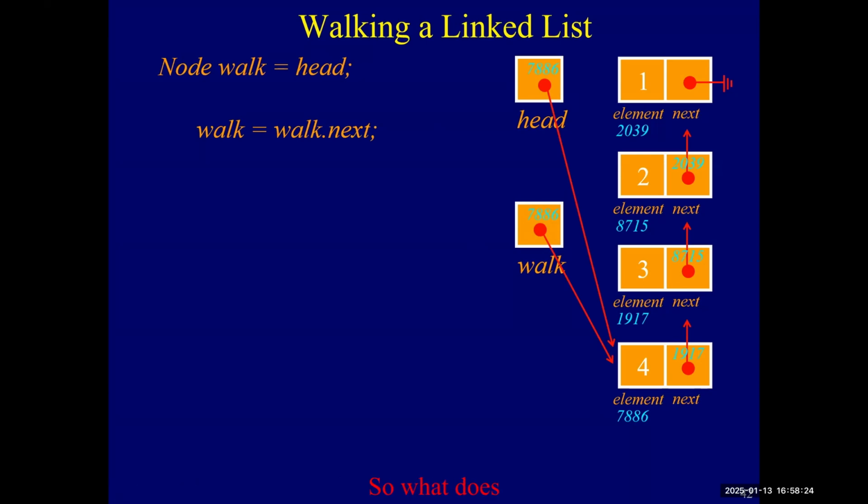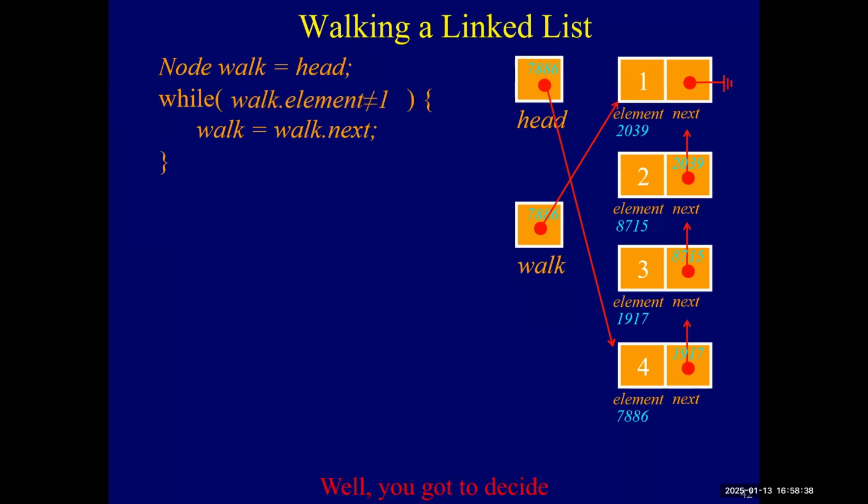So this code walks. Everybody agree with that? And we put a loop around it, and it walks. And when do we stop? Well, you got to decide when we stop. Right here, we're going to stop when walk.element equals 1. Then we stop.